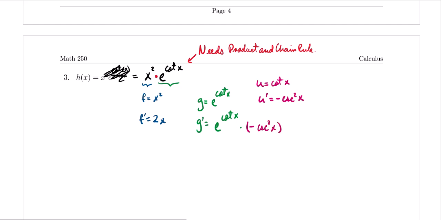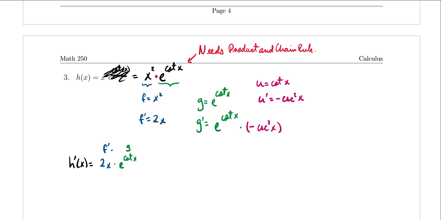All right, so putting everything together here into the product rule, which again, I'm not going to write right now. I do trust that you guys are remembering them more now. All right, so what did the product rule say? Well, it said that it was the derivative of the first, which in this case here was 2x, times the second function, g, which in this case was the e to the cotangent of x.